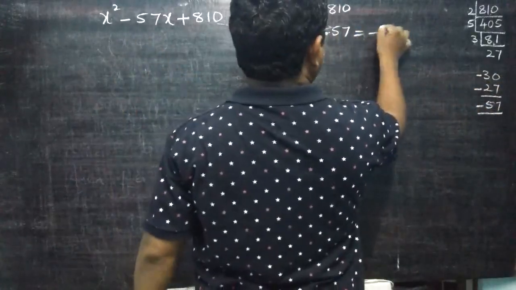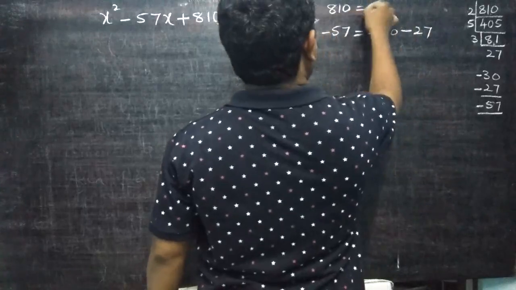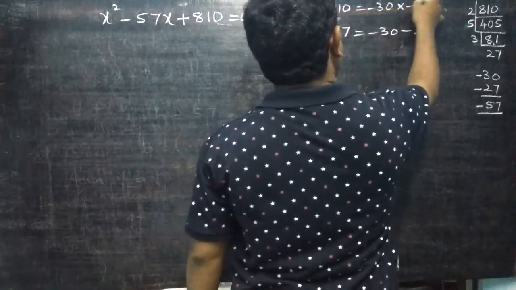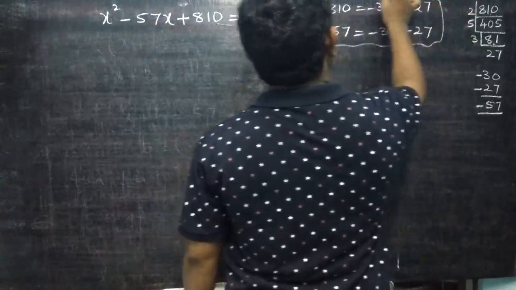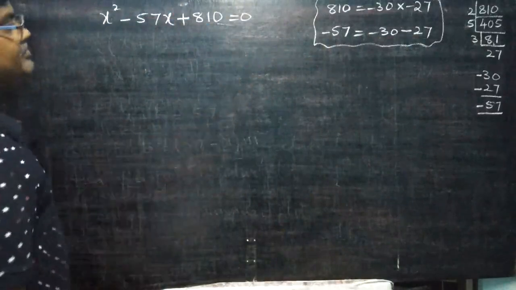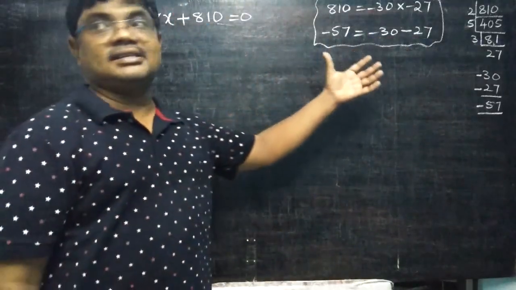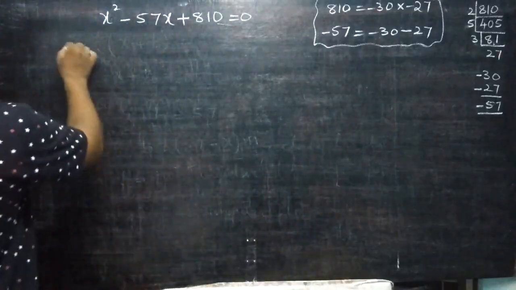So minus 30, minus 27. Here minus 30 into minus 27, minus into minus plus, 27 30s are 810. Minus 30 minus 27 is minus 57. Finding factors is one thing, applying signs is another thing. Keep in mind. So apply carefully.